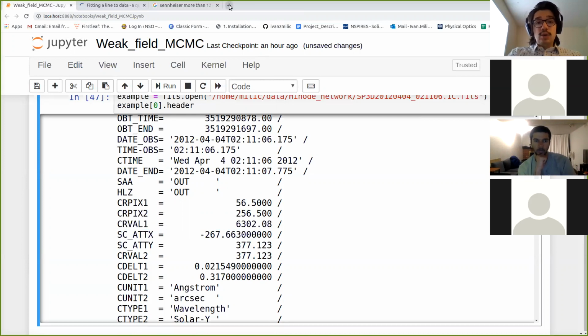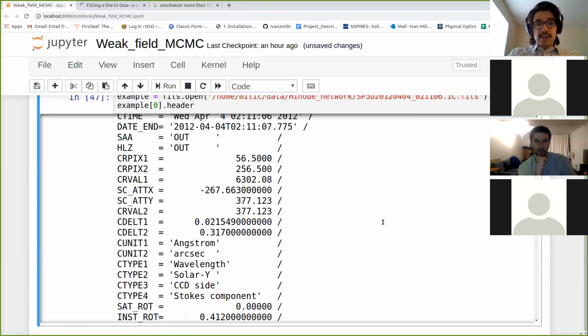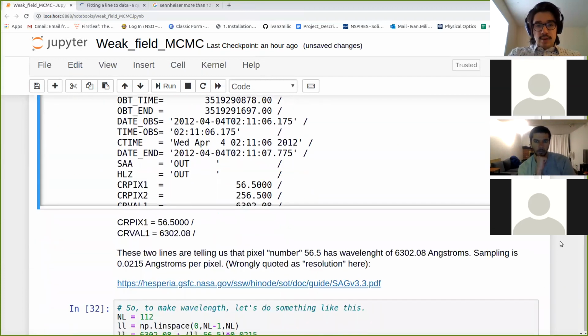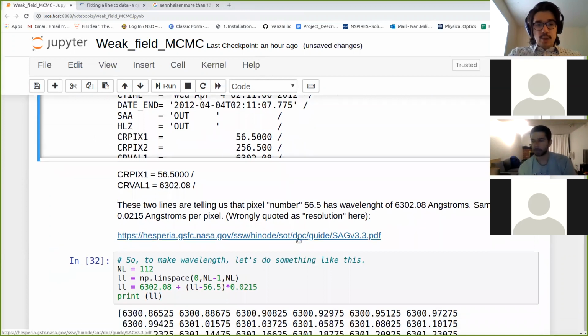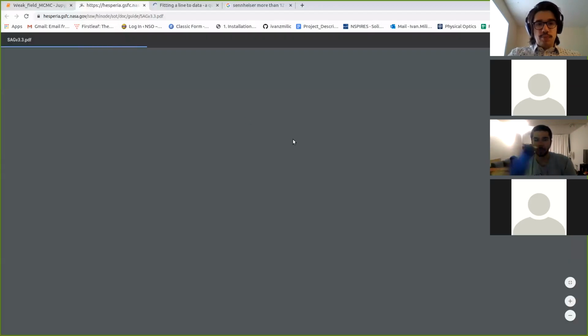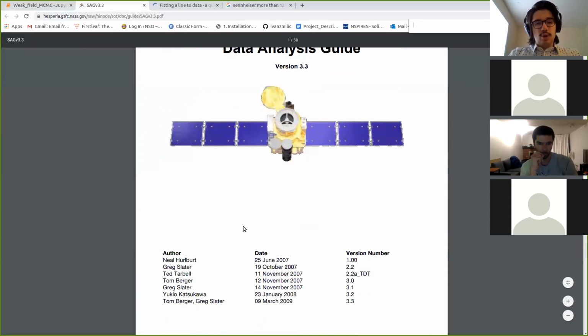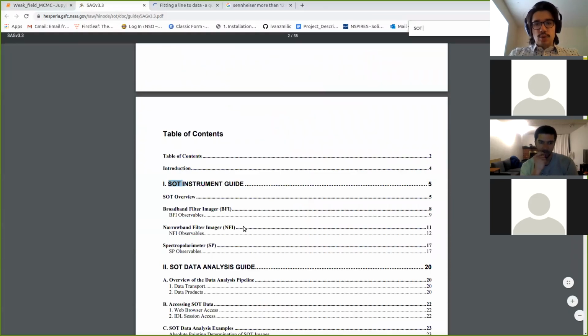HINODE. And to do that, what you can do is there is a link here, which if you click on it, takes you to the HINODE guide. We need to wait a little bit for it to load. And then you maybe remember some of the names, who were the authors of these things, and then you can look for SOT.